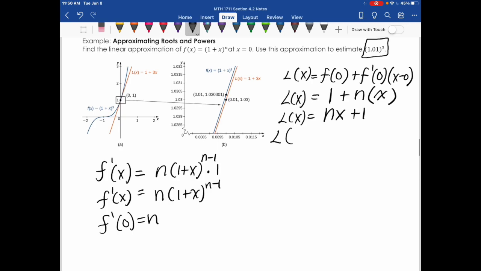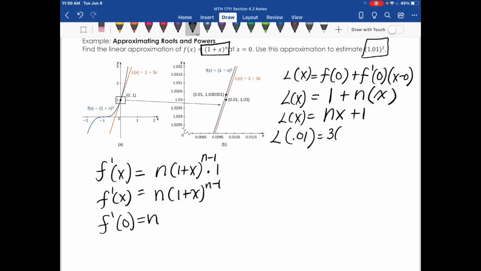Now we can approximate 1.01 to the third by finding L of 0.01, since our function is 1 plus x, so our x should be 0.01. So when I add that, I get 1.01.